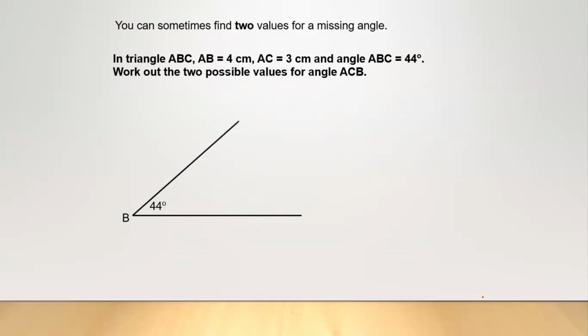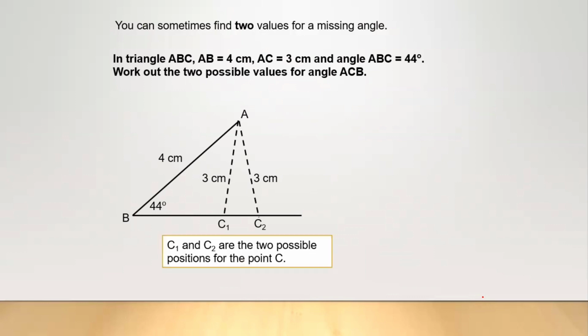So B is 44, AB is 4 centimeter, and you have two possibilities for AC: AC1 or AC2, both 3 centimeter. So C1 and C2 are two possible positions for point C.